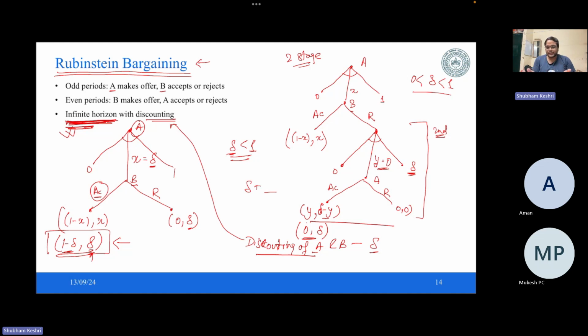When they are in the next stage, there is some probability that the game will end in that stage, and then some probability the game may continue. So this game will help us study those cases as well, when there is some probability that the game moves on to the next stage. And therefore, there is a non-negative probability that the game goes to infinite horizon.